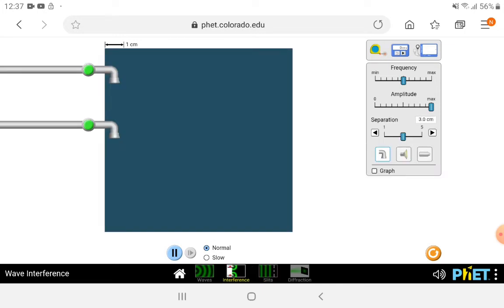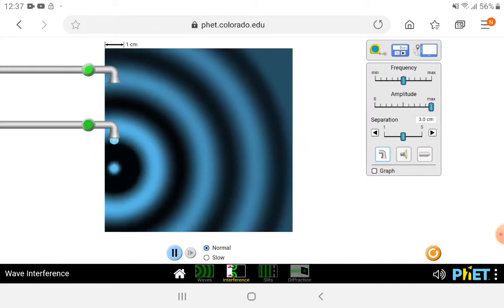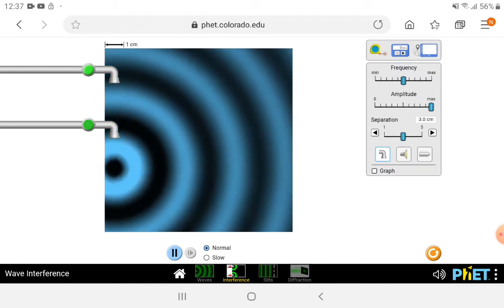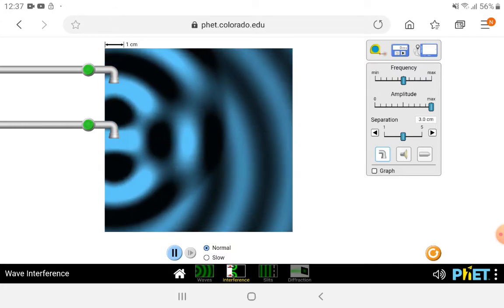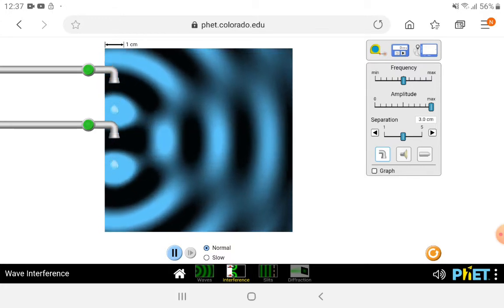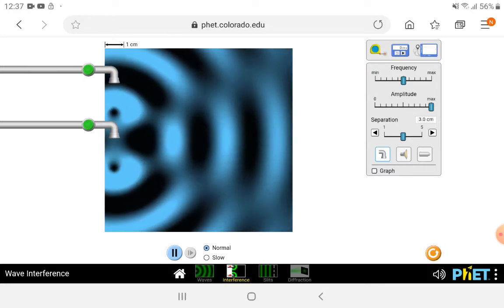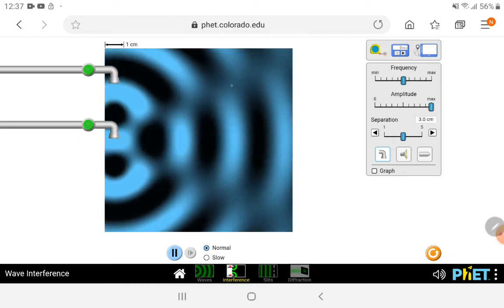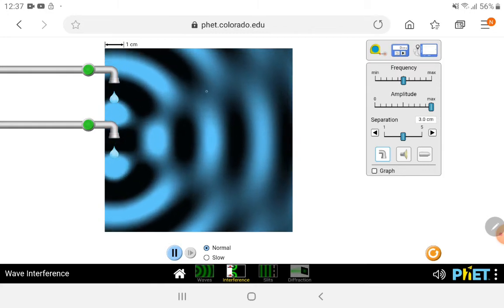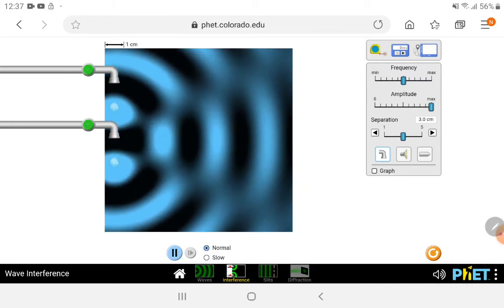We can also use two waves. And now we have two sources of waves, and again you see that grayish line we get here, there's like destruction, and here we get construction.